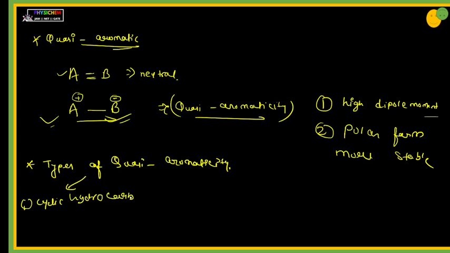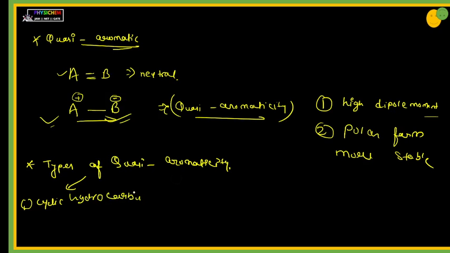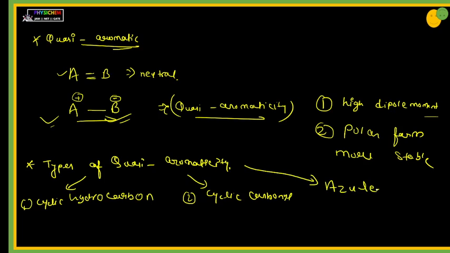Second is cyclic carbonyl. And the last is the azulene system. This is also important. We will talk about these three types of quasi aromaticity in this lecture.